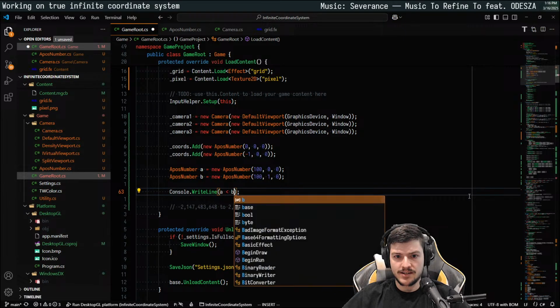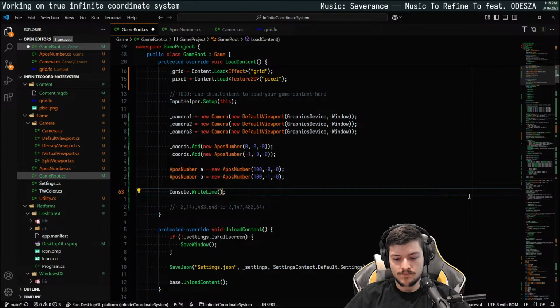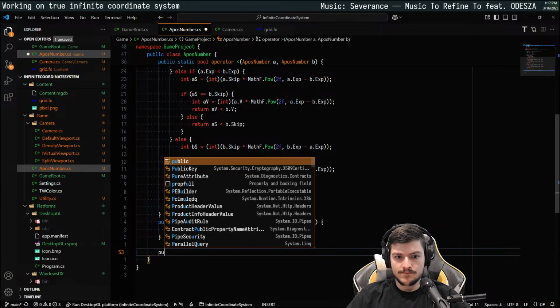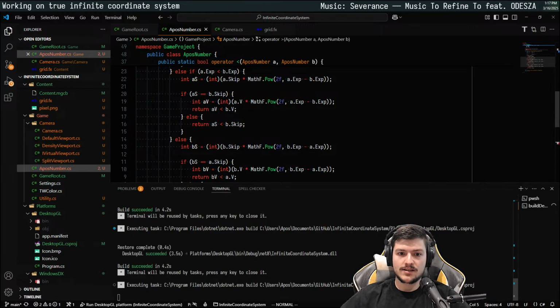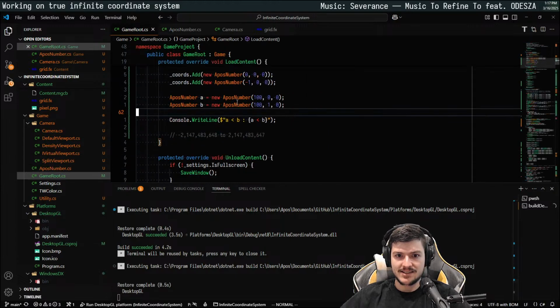If A is smaller than B, maybe I should also have a 2-string. Nah, whatever. For now it's fine. Let's just run this. See what if this at least does something that I want.